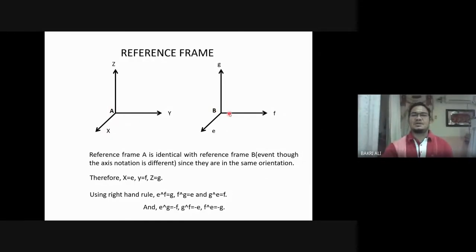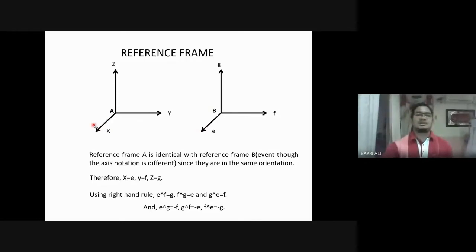If you have different unit vectors, E, F, and G, as long as E is collinear, meaning parallel, with X, then the unit vector of E is similar to the unit vector of X. You can have plus or minus, as long as the arrow is the same.